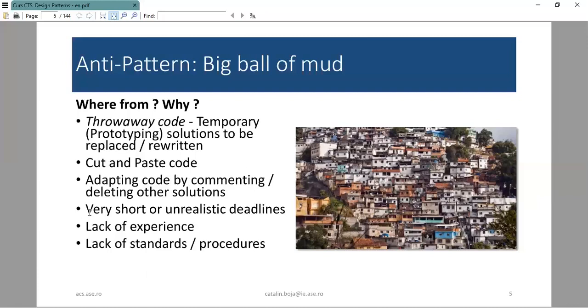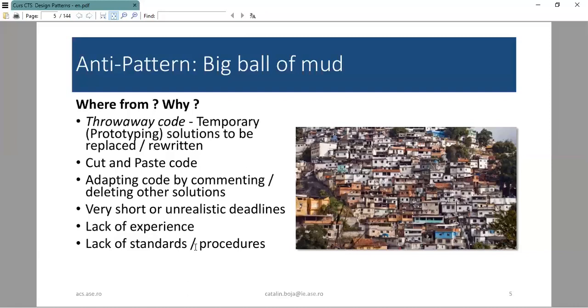And now real life will also force you to make design mistakes like this: very short, unrealistic deadlines, lack of experience, and lack of standards and procedures. That's something that your company or your environment needs to fix fast.